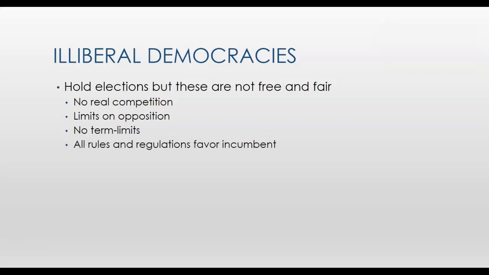So again, there are elections that are not free and fair, on top of the already built-in advantage of the incumbent, and the incumbent also makes sure to change or design the rules in such a way that continues to favor herself and not anybody that might try to run against her.